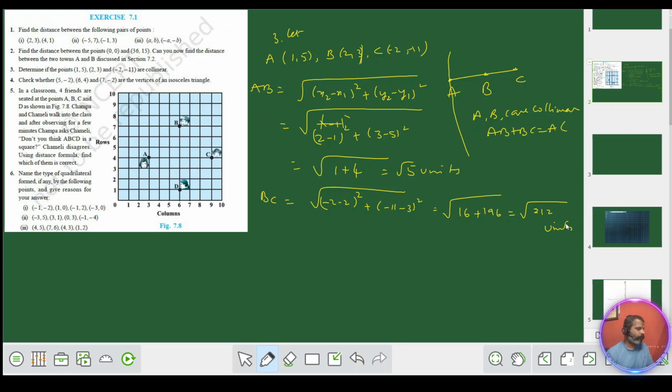Okay. Then you find CA or AC. Anything is fine. When I write CA, C coordinates will be x1, y1, and A coordinates will be x2, y2.